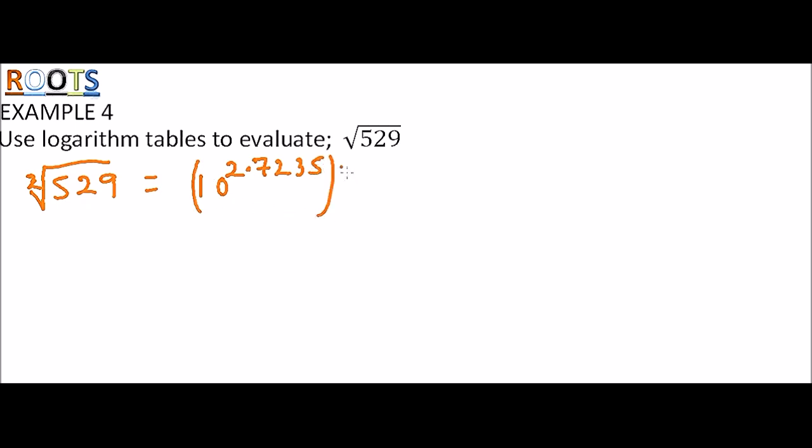This is into bracket to power a half. So we open the bracket, we get, this is 10 to power 2.7235 multiplied by a half. So this will give you 10.